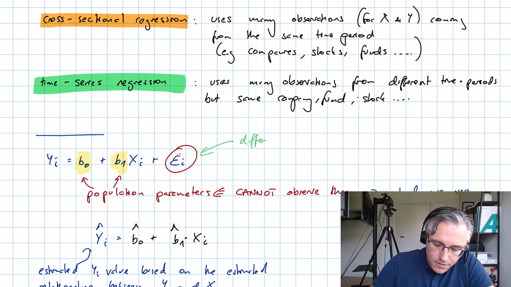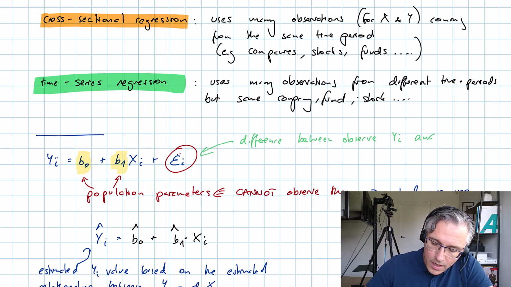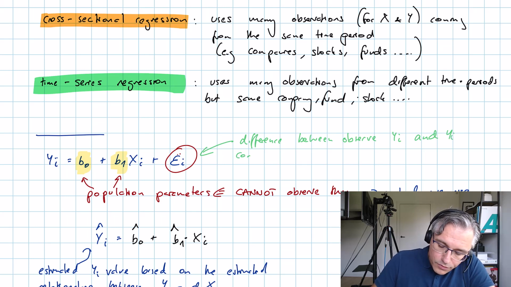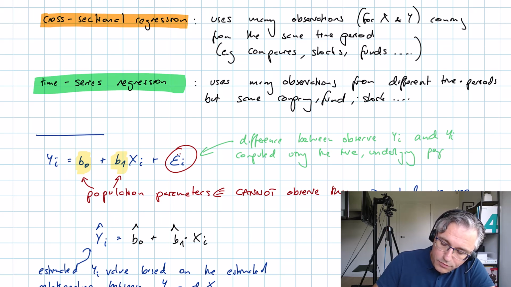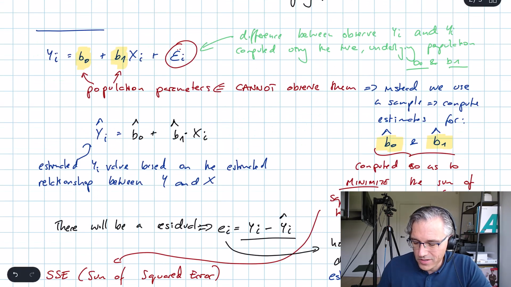This is the difference between the observed y value and the y value computed using the true underlying population B0 and B1, the true coefficients, which we don't know because we rely on coefficients computed from a sample.